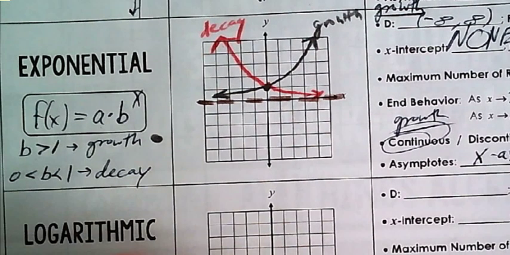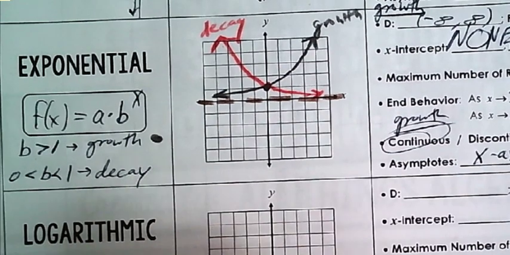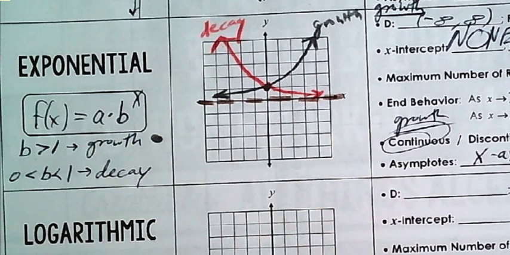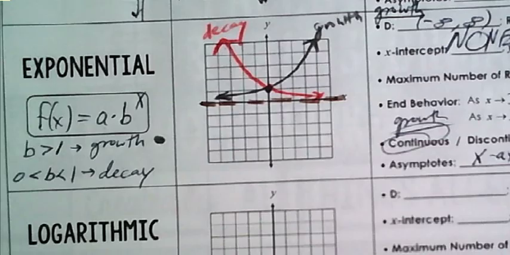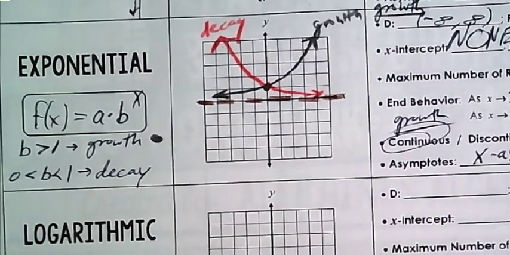f of x equals log base b of x. Now, we'll learn all this stuff later. The point is not to know how to do logarithms right now. The point of this is to just simply know what the graph looks like. That's it.